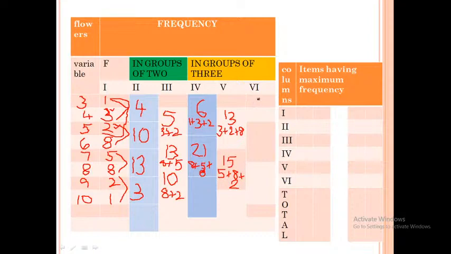Now in the next, 6th column, because it is a group of 3, you have to ignore the first 2 values.